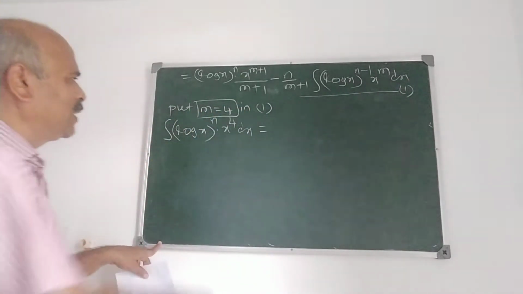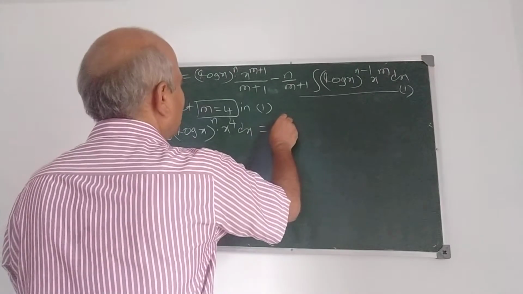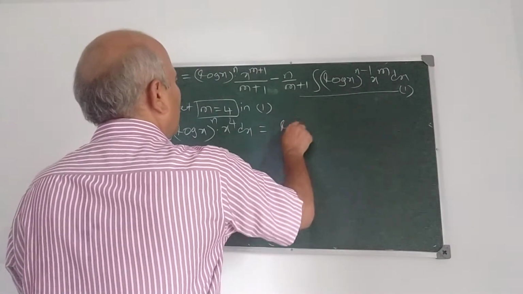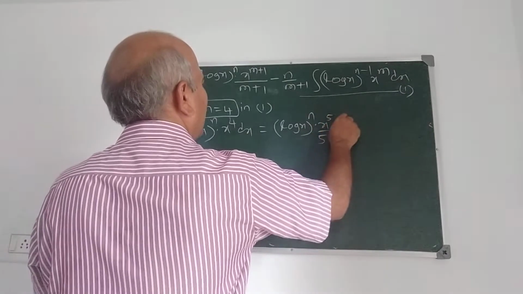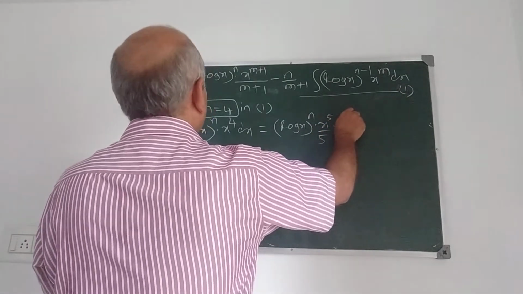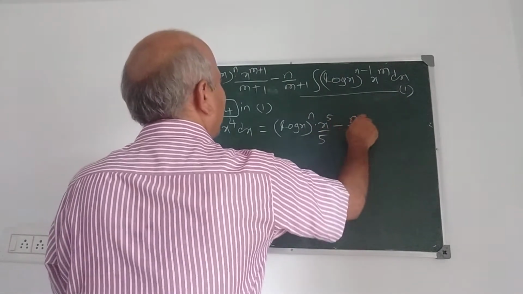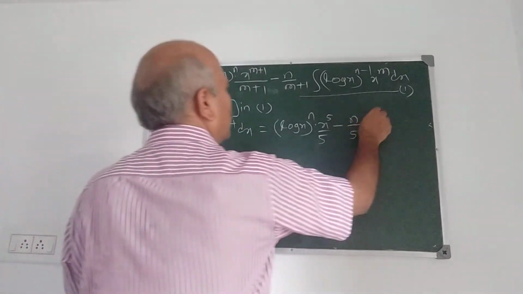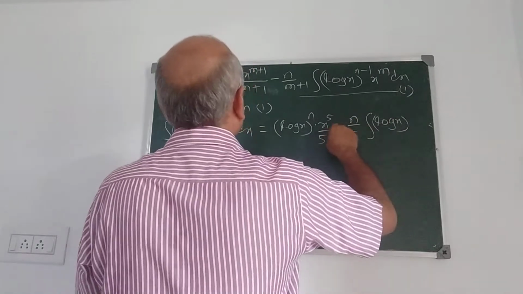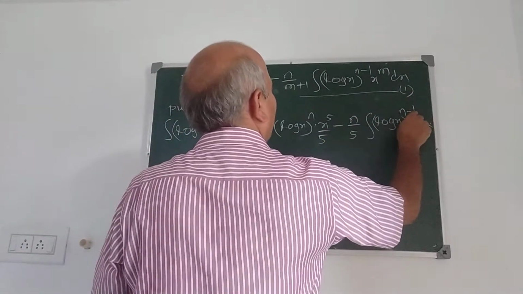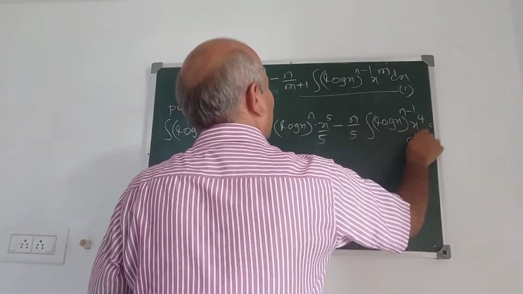Now come to the problem. x raised to 4 is log of x raised to n, x raised to 5 by 5 minus n divided by 5 integral log of x raised to n minus 1 into x raised to 4 with respect to x.